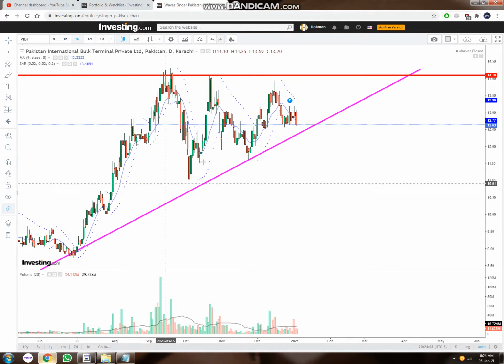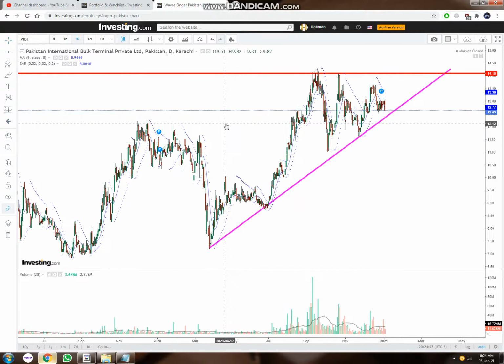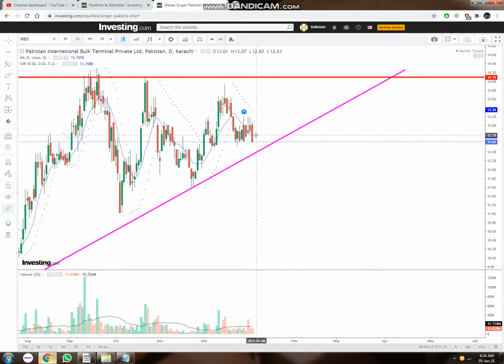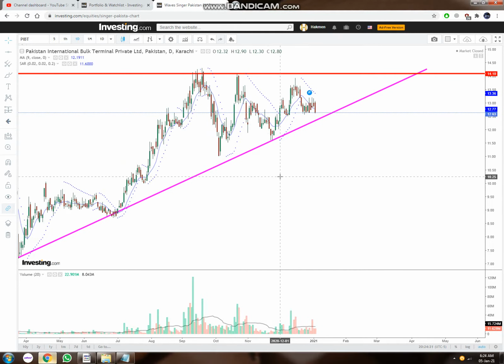So that's all about trading in the stock market. That's all you're going to do. And besides that, if you buy it over here, the most important thing is risk management and taking profits. That's up to you, because you know better how much risk you can bear and how much risk you are comfortable taking.